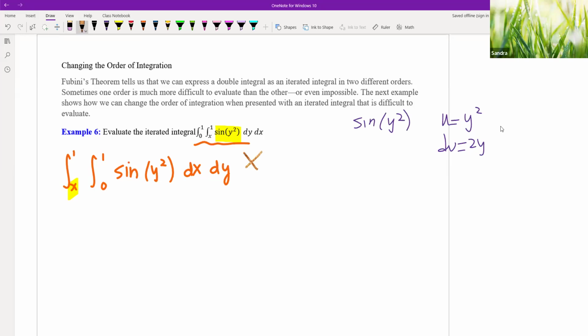So then what else can we do? Well, what we can do is we can use whatever has been given to us. Okay, so this one is telling us that y is between x and 1. Y is between x and 1. So this means that y equals x and y equals 1.